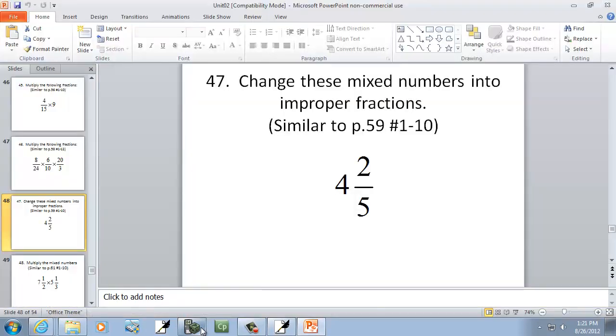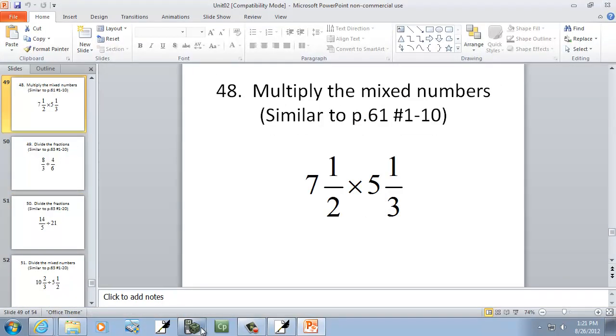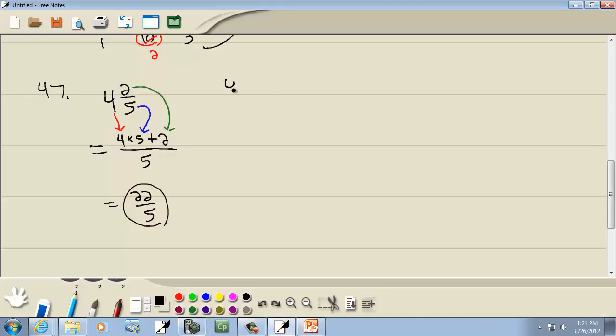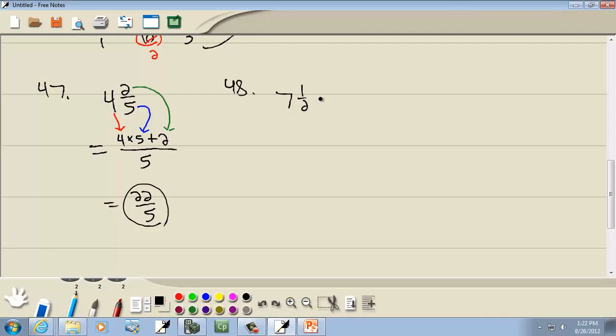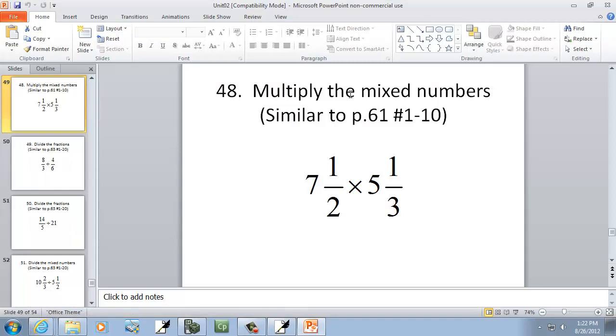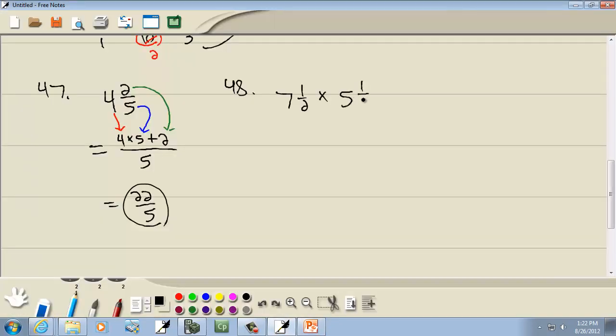Well, where does that come in handy? For multiplying mixed numbers together, it doesn't work well unless we put it in the right format. So I got 7 1/2 times 5 1/3. You cannot multiply 7 times 5 and 1/2 times 1/3.